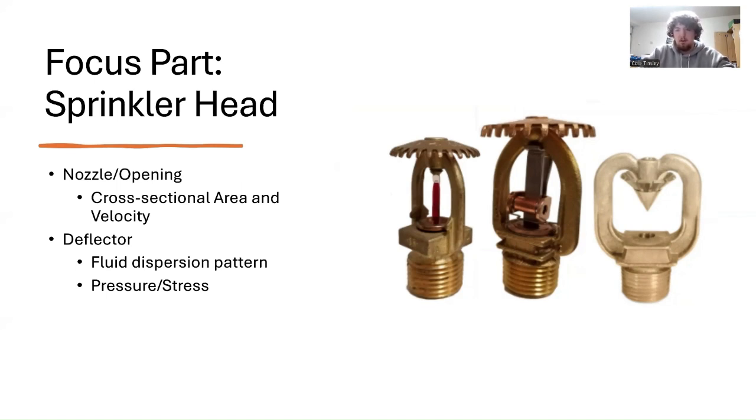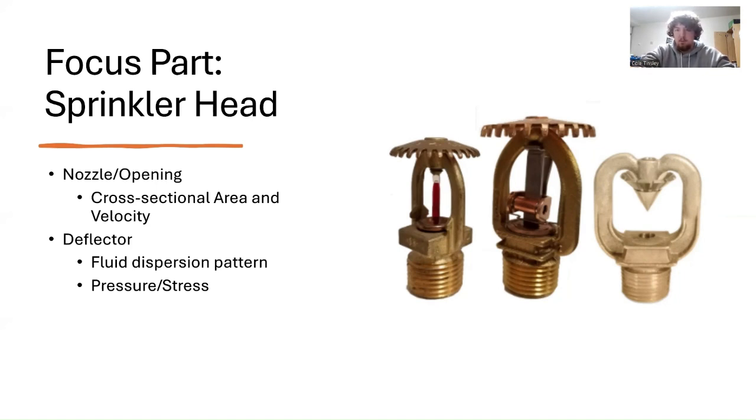The radius of that hole will decide the velocity, and it'd be a part of that volumetric flow rate that is one of our operational principles. The deflector decides the shape. The nozzle head is kind of the amount of water and the speed, but the deflector is what's deciding how that water is being dispersed.